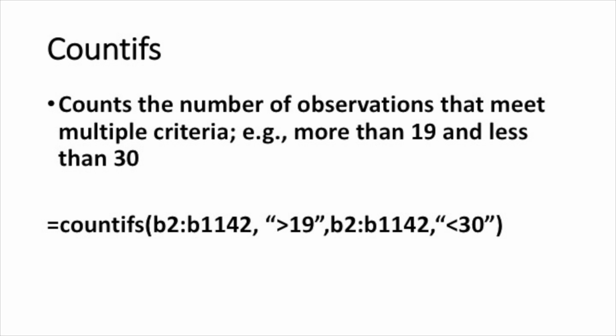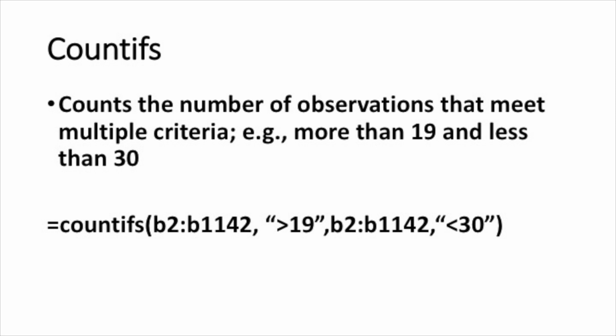So here we use the COUNTIFS formula where it's equals COUNTIFS, so that's plural, parenthesis B2 colon B1142, then a comma, then a quotation mark, greater than 19, close a quotation mark, then another comma, then B2 colon B1142, comma, quotation mark, less than 30, close quotation mark, then close parenthesis.